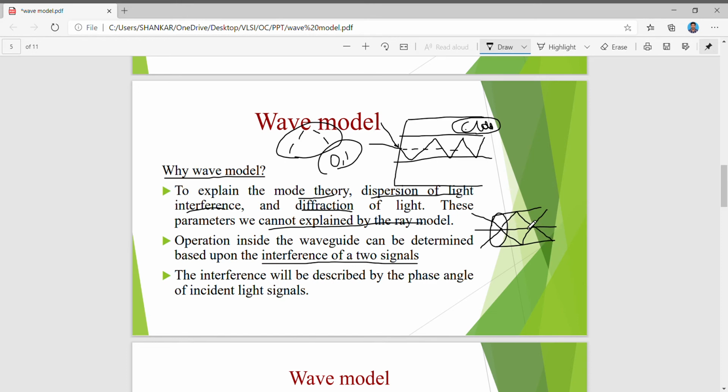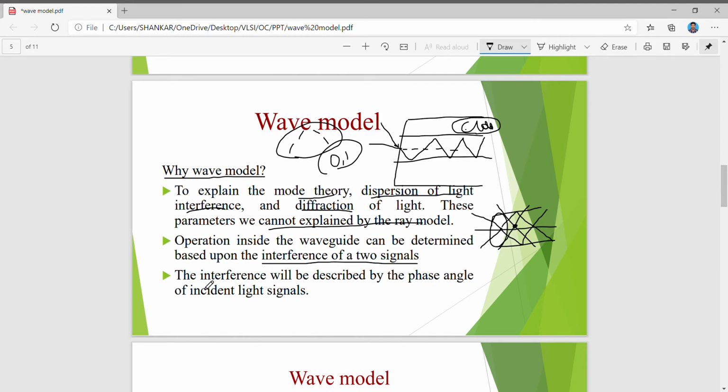Here it has some phase angle, and here it has some phase angle. So based upon the incidence of the signal inside the waveguide, the interference will occur. Based upon the interference we can determine the operation of the optical fibers.